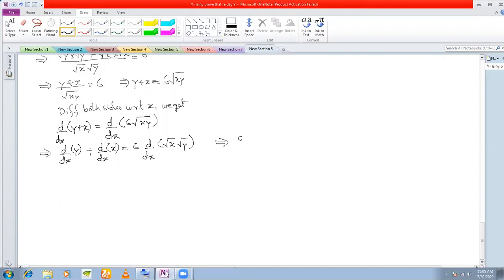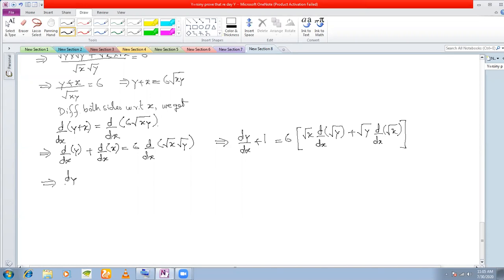So next I will have dy/dx plus 1 is equal to 6 times root x d/dx of root y plus root y d/dx of root x.